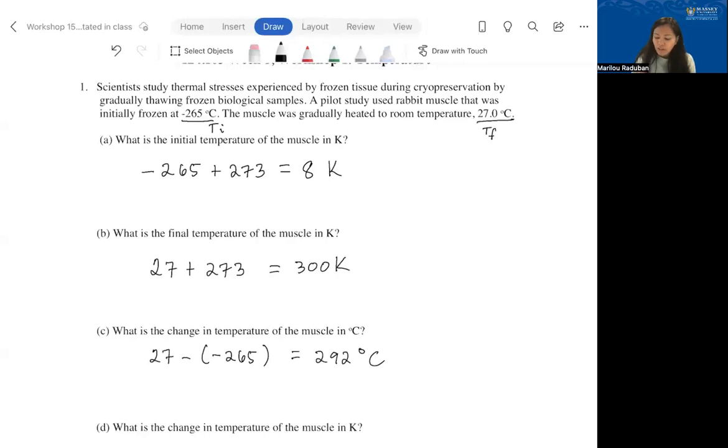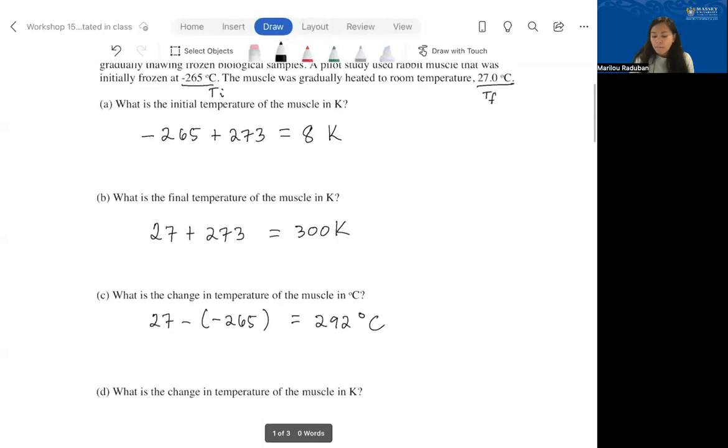Right? So if, for example, in your calculation, you did negative 265 minus 27, you will find that you will have a negative 292 degrees Celsius in the change in temperature. But we'll just usually get the positive for that. So the change in temperature that we will use in our calculations would always be positive moving forward.